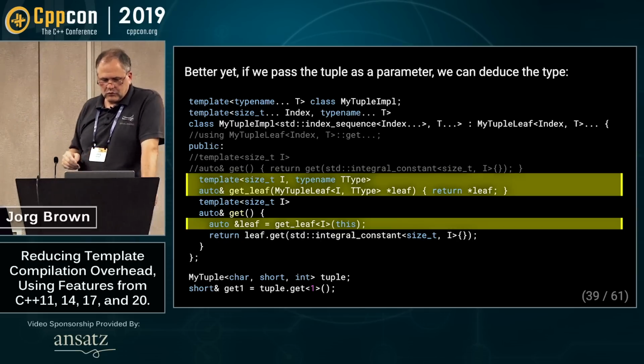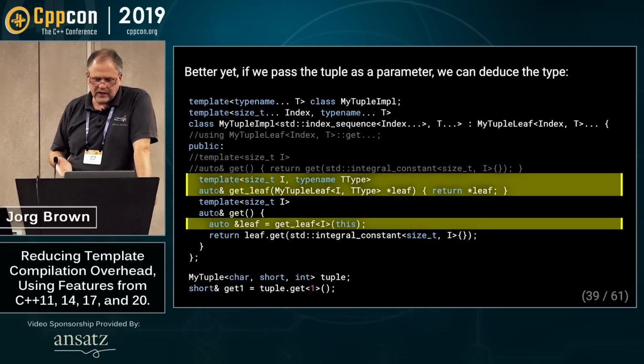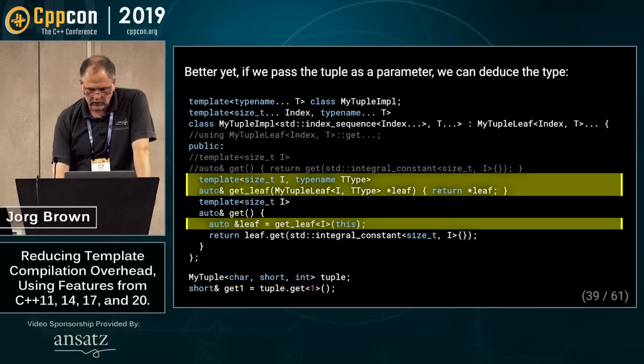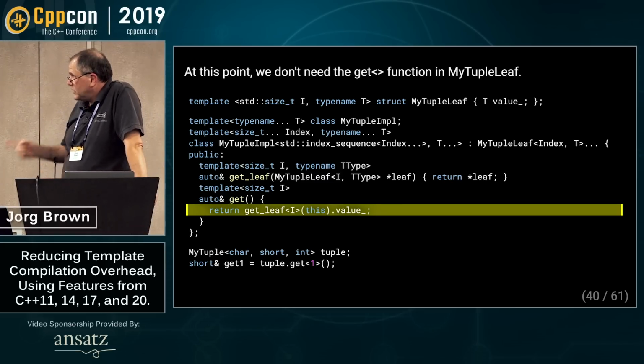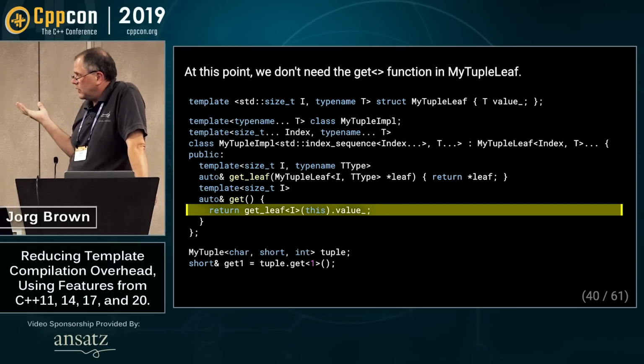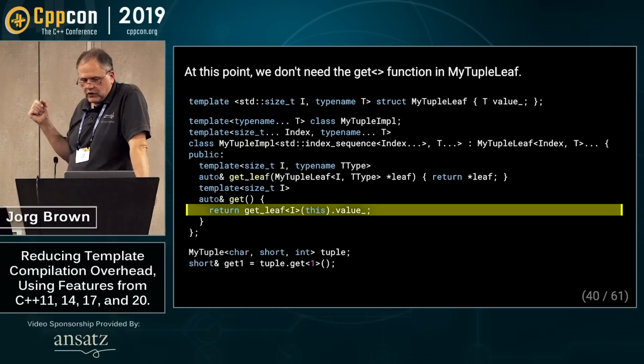Now, you may be thinking at this point, well, we don't really need this get function within the leaves anymore, which is true. We can just have the mytuple leaf contain nothing but value, and once we've called the getLeaf function, we can just pull .value out of it directly.